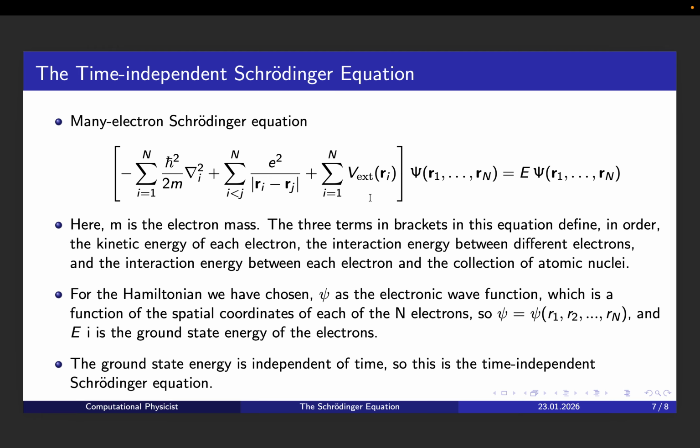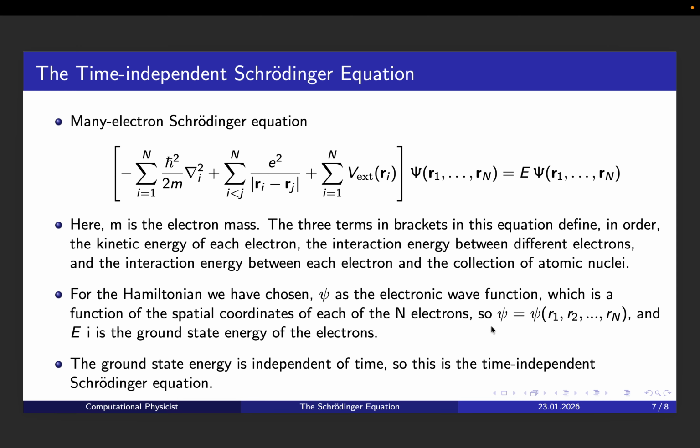This interaction energy between the electrons and atomic nuclei can lead us to solve for the exact ground state energy of any system. For the Hamiltonian we have chosen psi as the electronic wave function. This psi is a function of the spatial coordinates of each of the N electrons, so psi is a function of r1, r2 up to rN, and all these r are the position coordinates of our electrons.